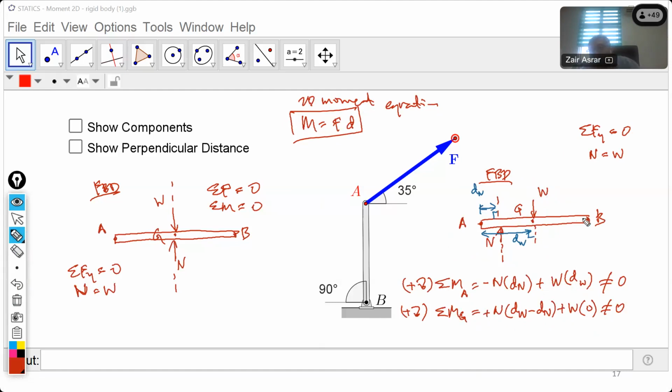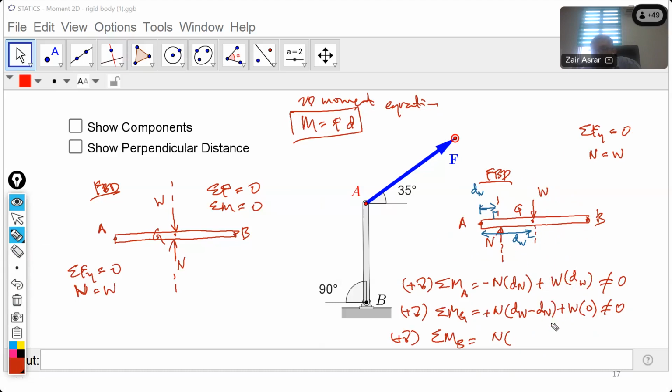Okay. And if we take summation of moment at point B, again, positive clockwise as our convention. At point B, we start off with n times the distance, what will be the distance? AB, okay, dw.